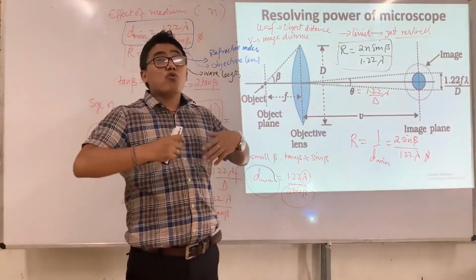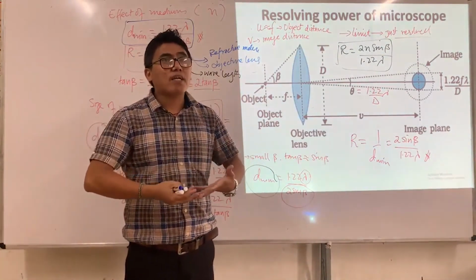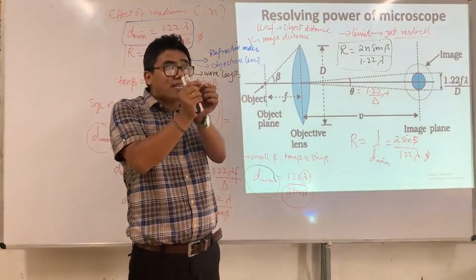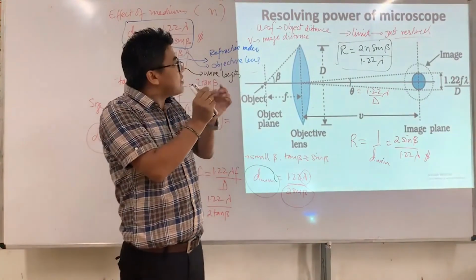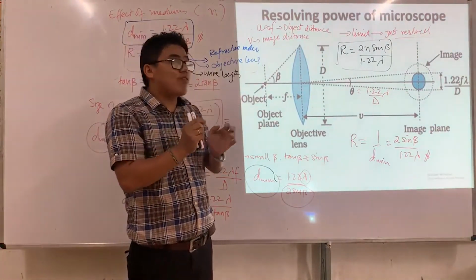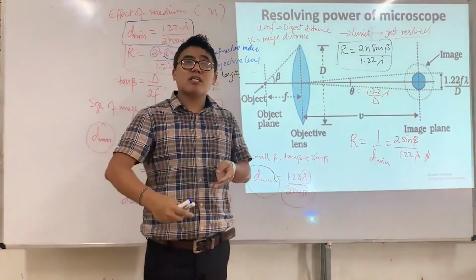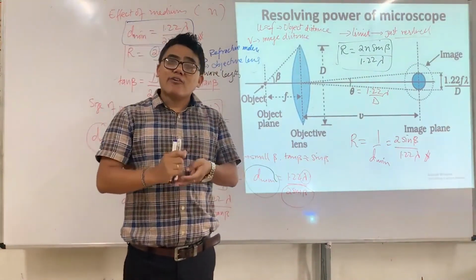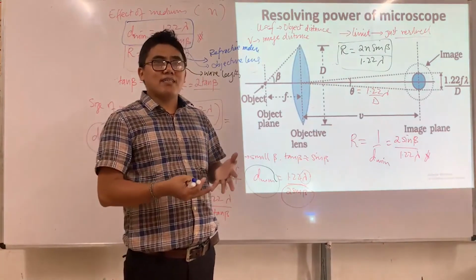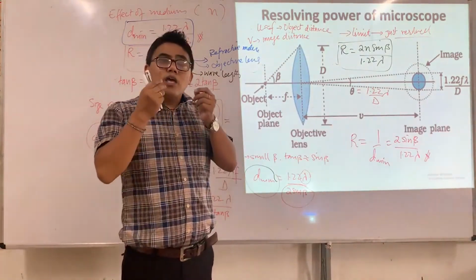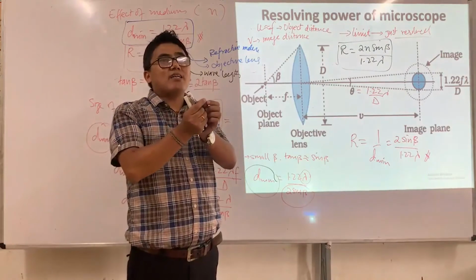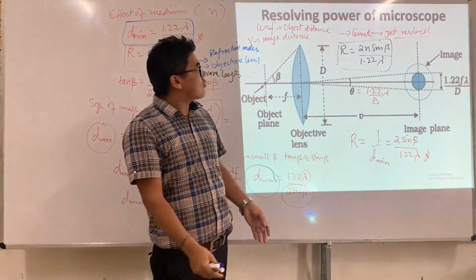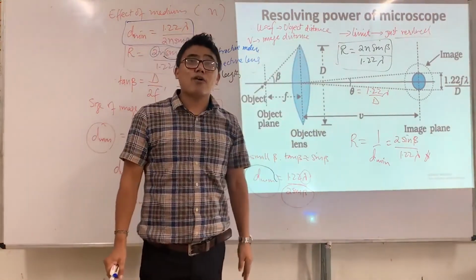Therefore, electrons can distinguish much smaller particles. This is the advantage of the electron microscope. Since electrons have much smaller wavelength, they can see much smaller particles. This is the reason why we use the electron microscope.